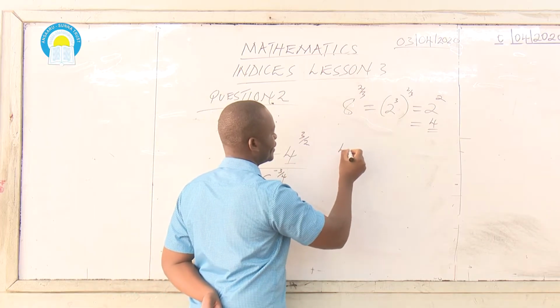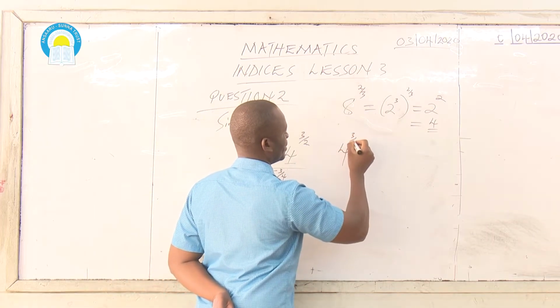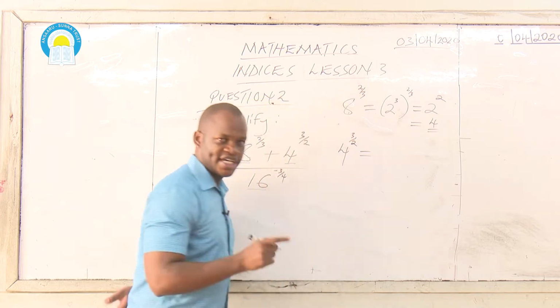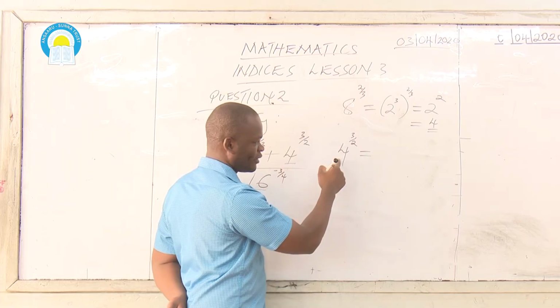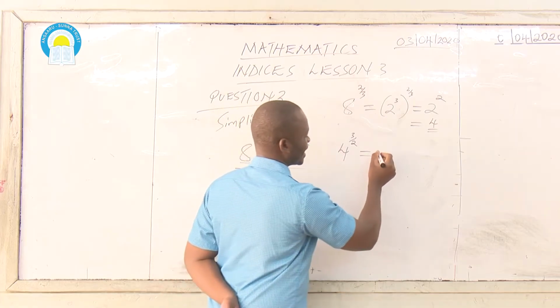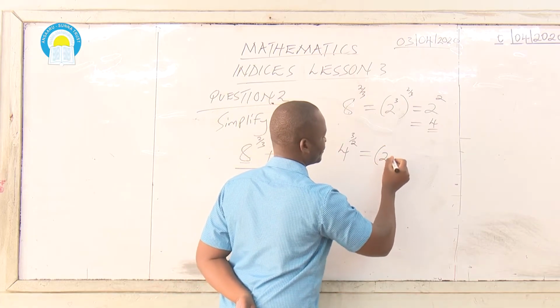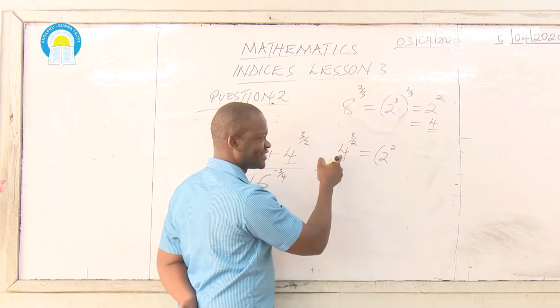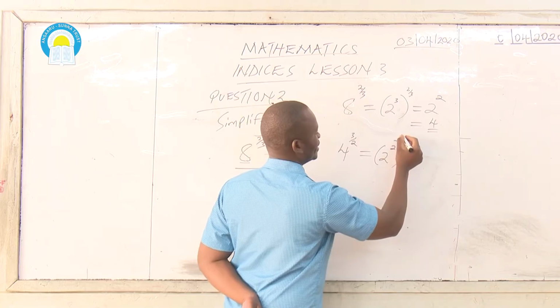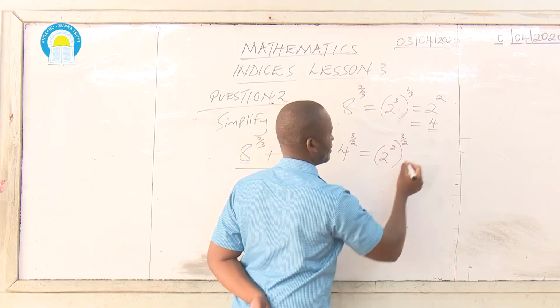Then we come to our second part. We have 4 raised to power 3 over 2. Again, express 4 in index form. Of course, in this case, the appropriate base will be base 2. That will give us 2 power 2, which is same as 4. Then raised to power 3 over 2.